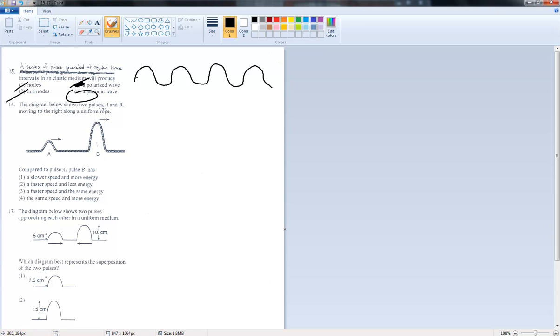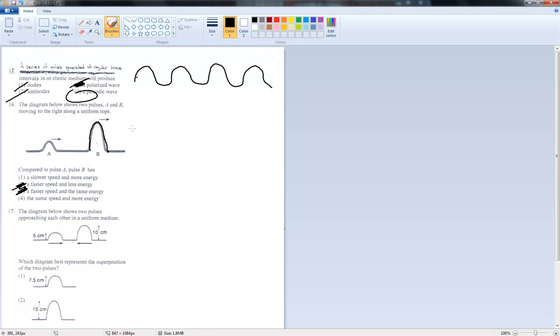The diagram below shows two pulses, A and B, moving to the right along a uniform rope. Compared to pulse A, pulse B has a greater amplitude. We see that here. So if it has a greater amplitude, it has more energy. So we'll get rid of these less energy ones. And it's either a slower speed or the same speed.